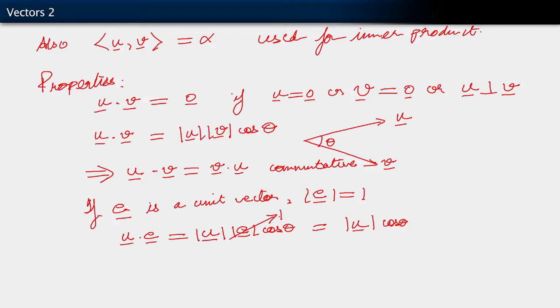All right? So when this happens, we denote u dot E as being essentially u resolved along the vector E, or the component of u along E. That's u and this is E, and the angle between them is theta. All right? Then u dot E is often thought of as this, right?